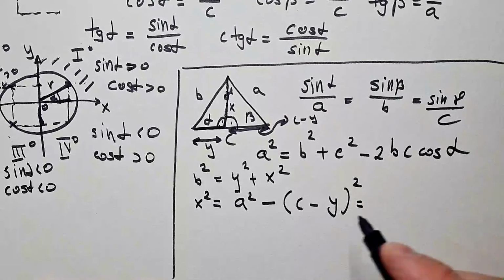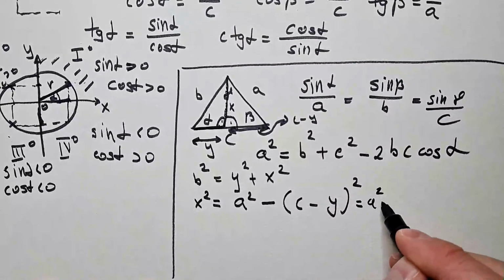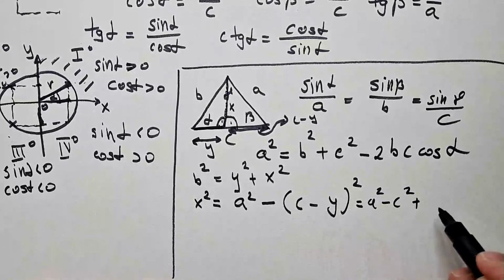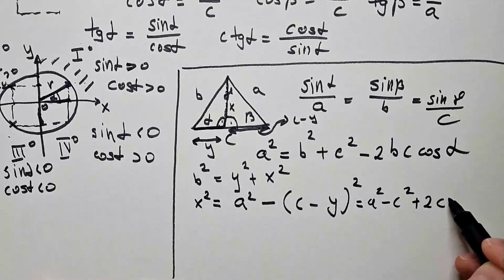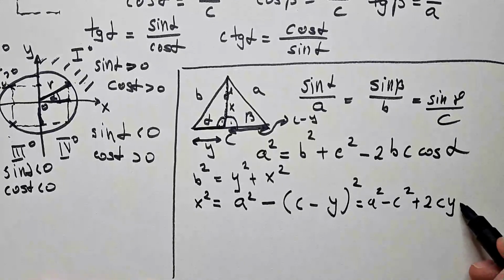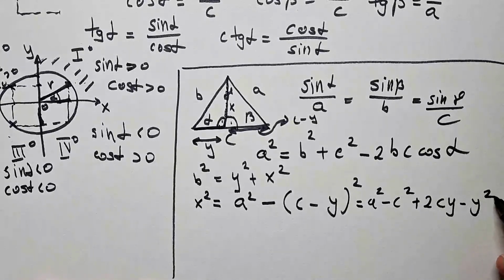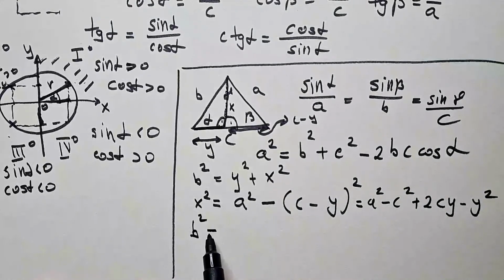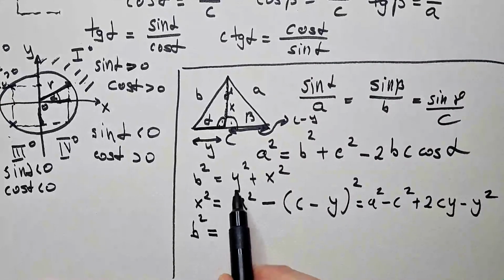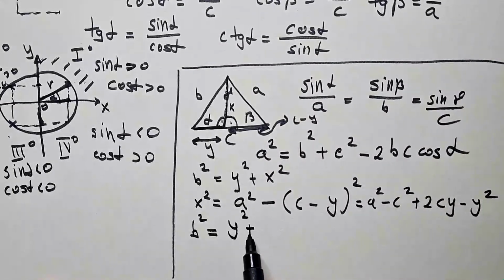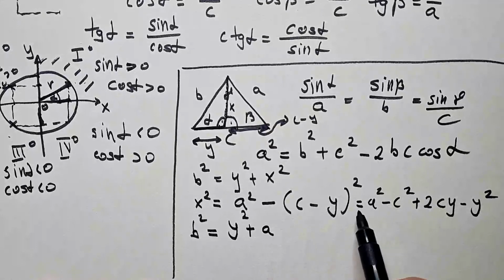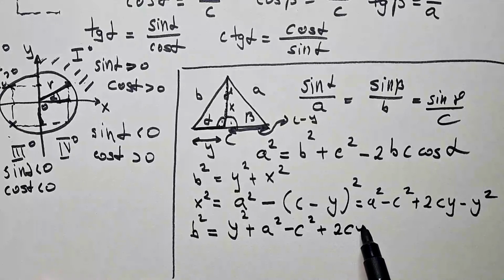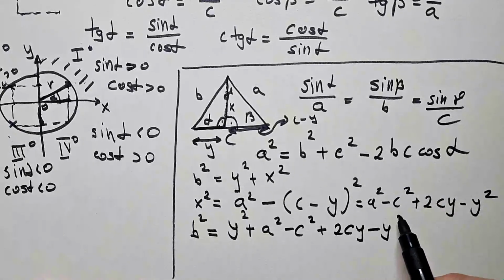So this is further equal to a squared minus c squared plus 2cy minus y squared. So I combine that with this expression, that b squared is equal to y squared plus x squared, which is a squared minus c squared plus 2cy minus y squared.